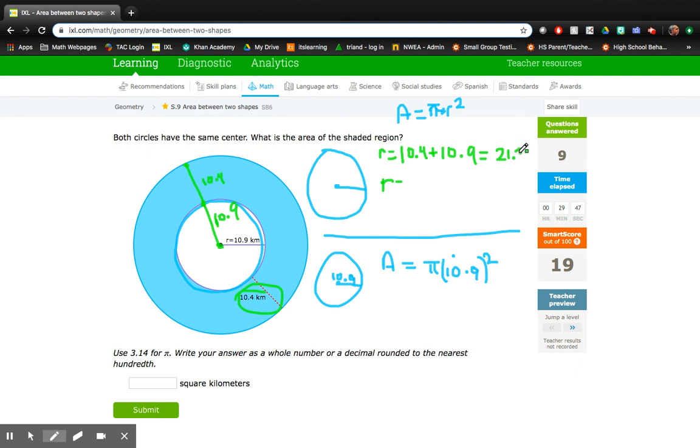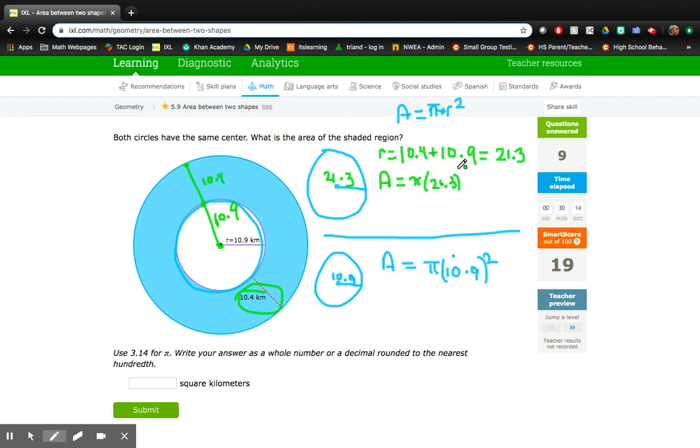And so now I know this length right here, it's 21.3, and I can actually go straight into working the area of this bigger circle. So it's going to be pi times 21.3 squared, pi times radius squared.